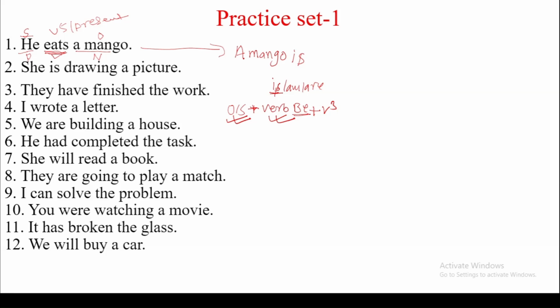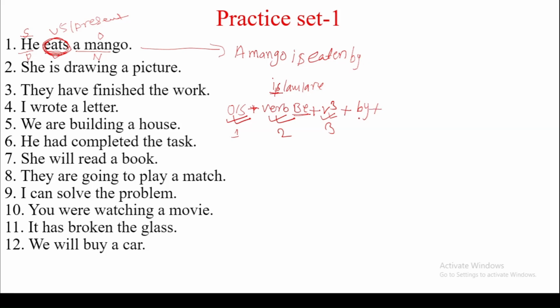So just think, what is the V3 of eat? It is eaten, E-A-T-E-N, eaten. So the third step is completed. This is step 1, this is step 2, this is step 3. And the fourth step is we have to add the preposition by.